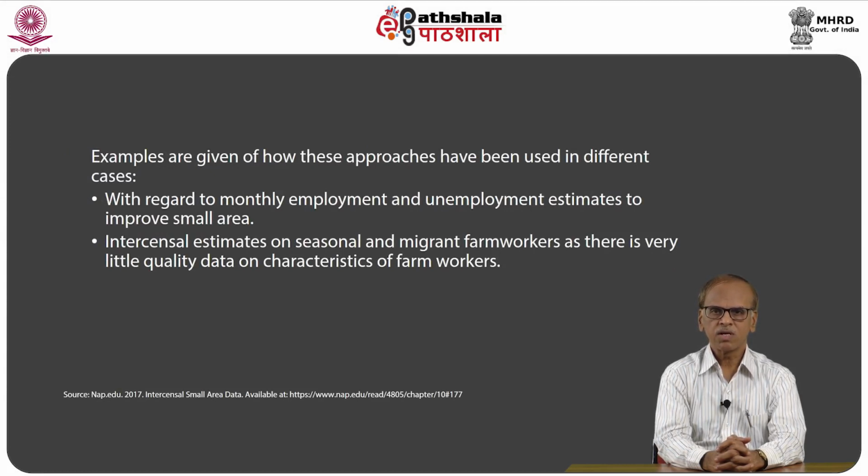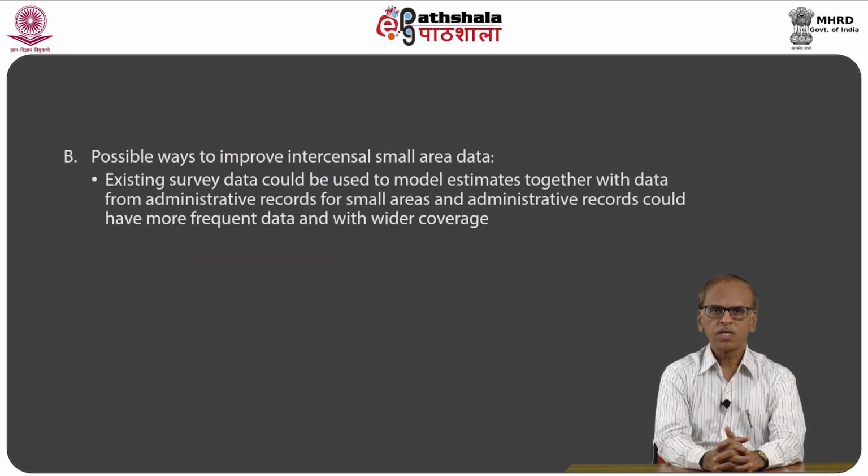With regard to monthly employment and unemployment estimates, the aim is to improve small area intercensal estimates on seasonal and migrant farm workers, as there is very little quality data on the characteristics of farm workers. The possible ways to improve intercensal small area data: A. Existing survey data could be used to model estimates.